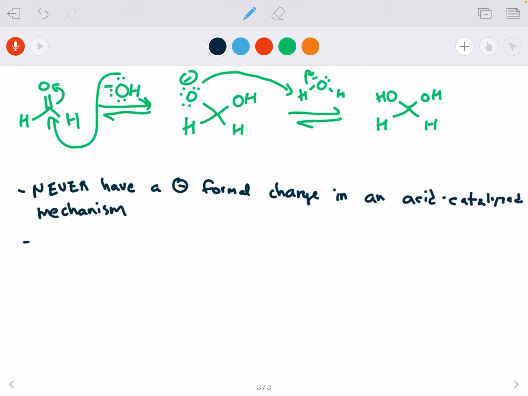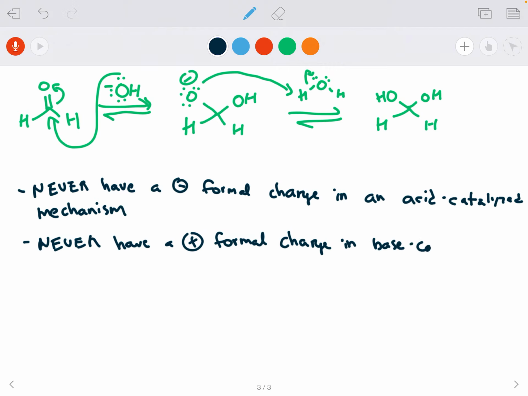For a base-catalyzed mechanism, you can never have a positive formal charge, because a positive formal charge is indicative of something that's a strong acid, or a stronger acid, which you're not going to have in basic conditions.